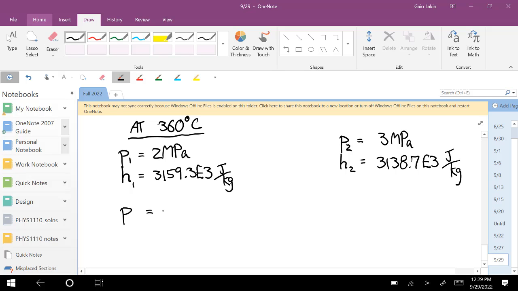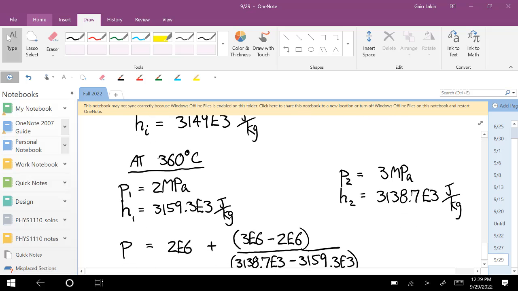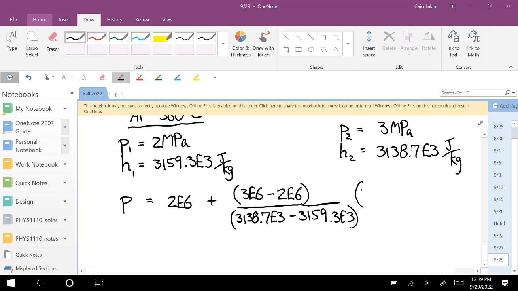So the pressure we're looking for is 2 times 10 to the 6th, I'll do it all in SI units, plus the quantity 3 times 10 to the 6th minus 2 times 10 to the 6th, divided by 3138.7 times 10 to the third minus 3159.3 times 10 to the third, and then multiplied by the quantity 3149 times 10 to the third minus 3159 times 10 to the third.